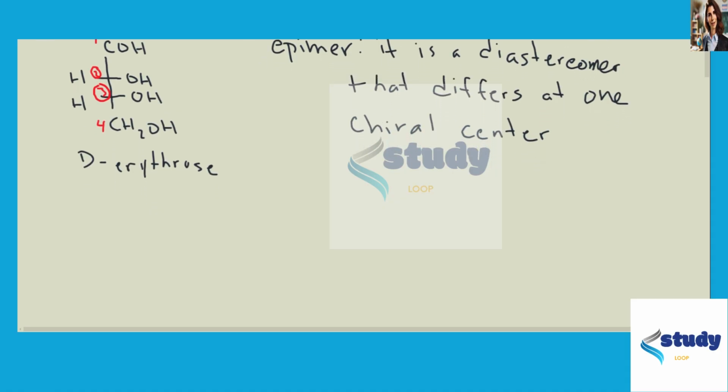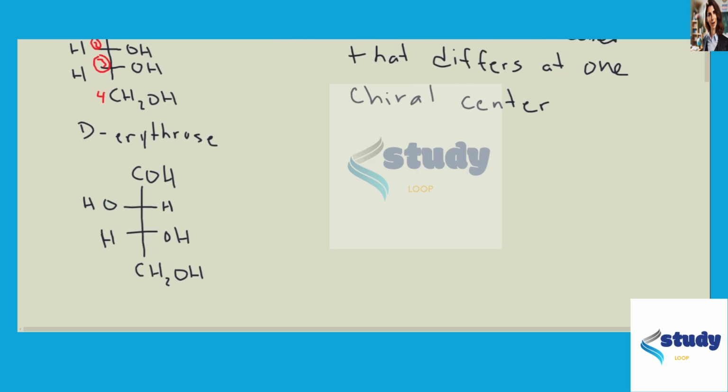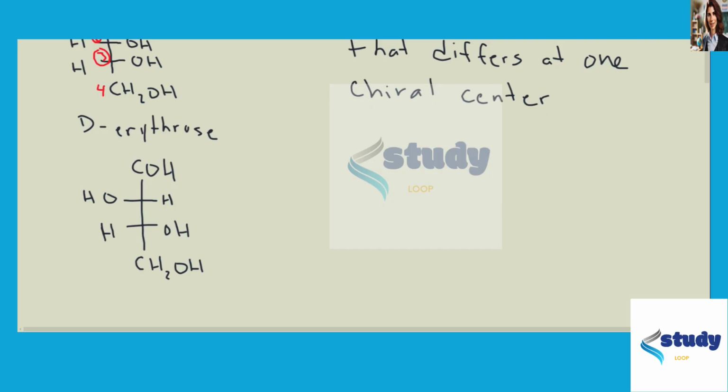So just focus in on the second carbon there along that chain in D-erythrose. On that second carbon, if we swap the hydroxyl group with the hydrogen, like so, that is an entirely different molecule than D-erythrose.